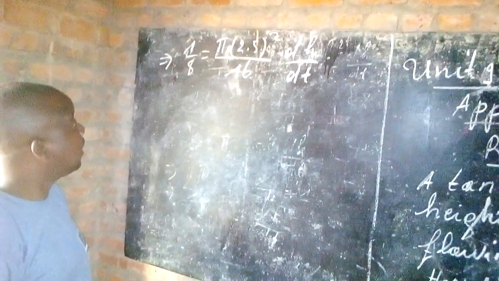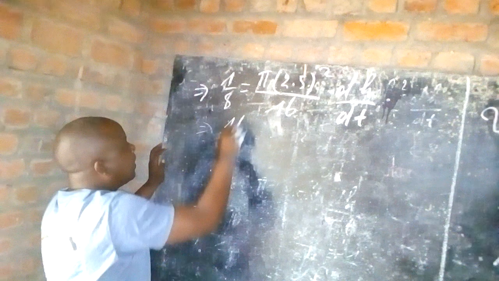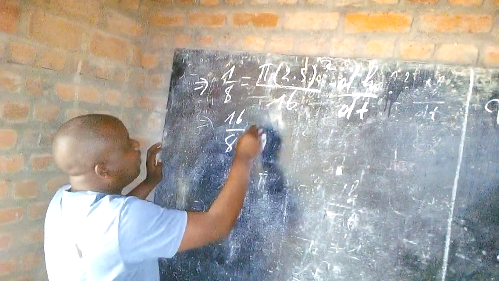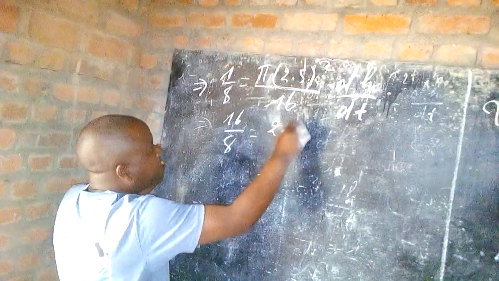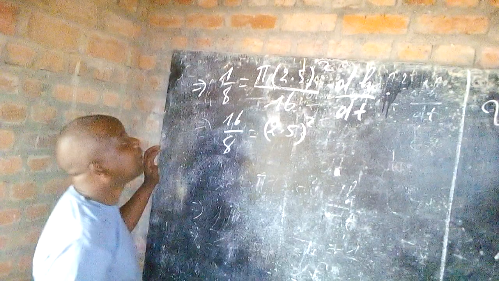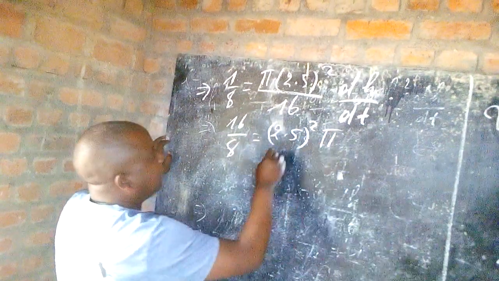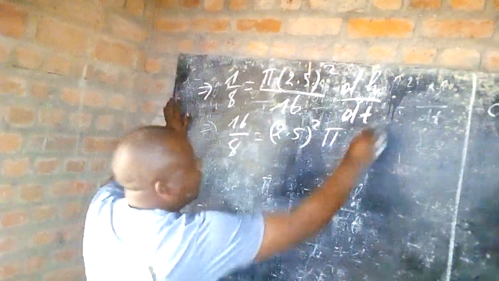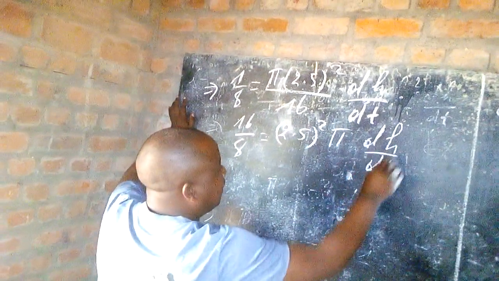In this case, we have to cross multiply. We have 16 over 8, which is equal to 2.5 square times pi times dh over dt.